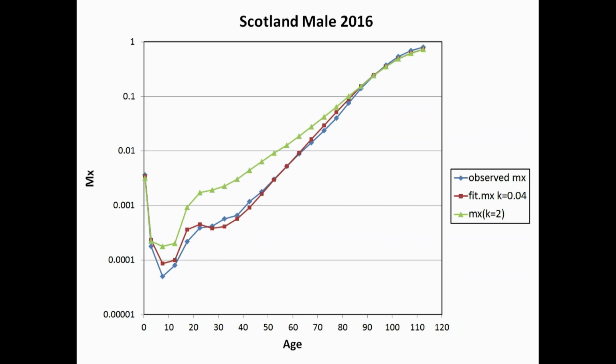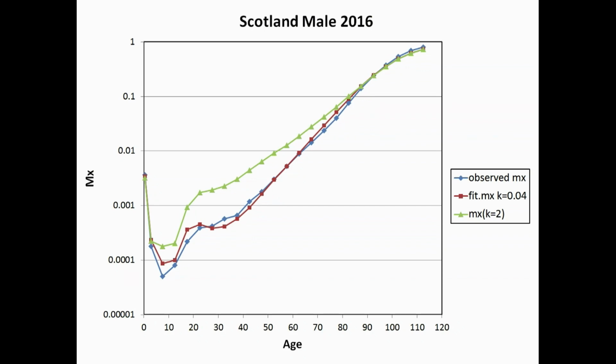Next, we've got men in Scotland in 2016, and the colors are basically the same. Blue is the observed mortality schedule. Red is the fitted by the sum of squares criterion, and that gives us a K that's already about 0.